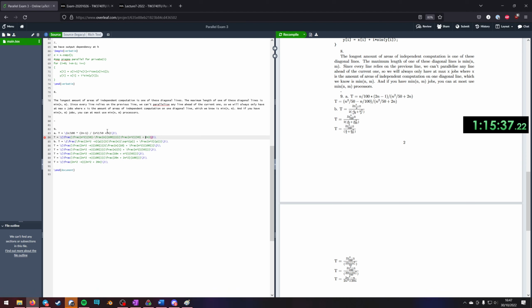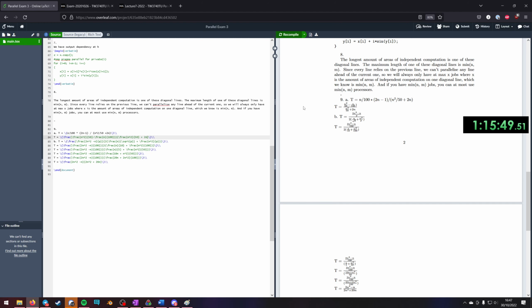I feel like I'm doing something wrong. I think I removed the n. Yeah, I did. N. Recompile. And I have a closing bracket too much. I'll simplify this as well, so we can have a proper comparison of the two.